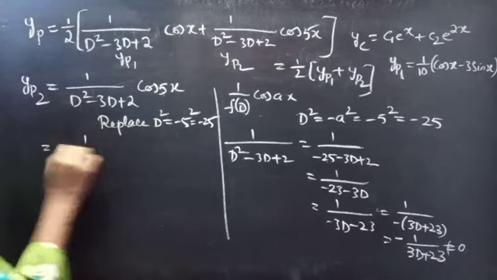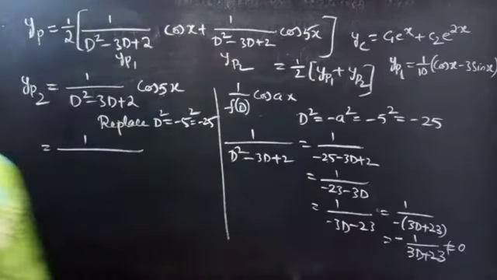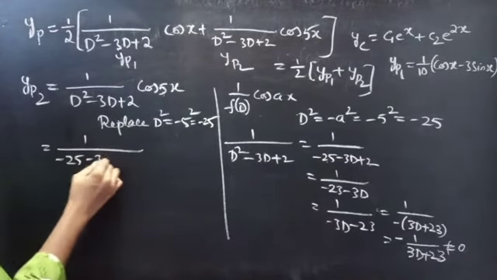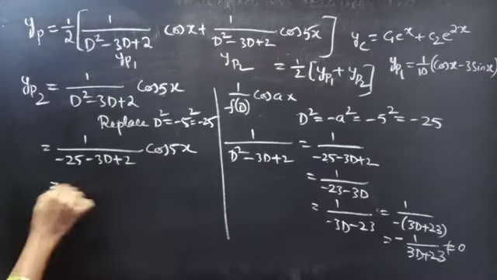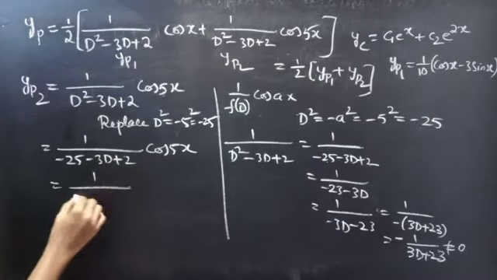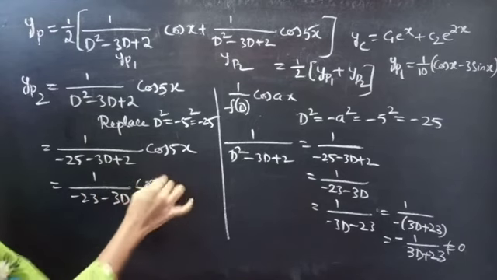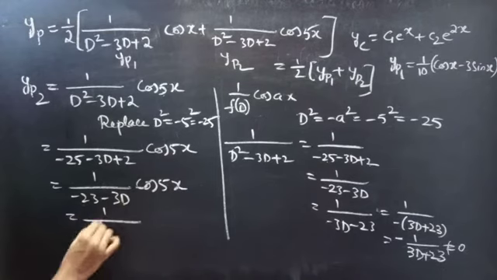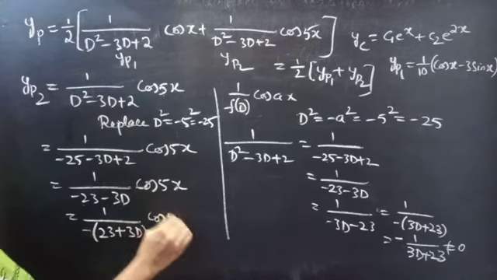Then we'll get 1 by, again we can just write these steps. Replace d square by minus 25, you'll get minus 25 minus 3d plus 2 into cos 5x, which is equals to 1 by minus 25 plus 2 is minus 23 minus 3d into cos 5x, which is equals to 1 by, now take minus common from the terms of denominator, you'll get minus of 23 plus 3d into cos 5x.